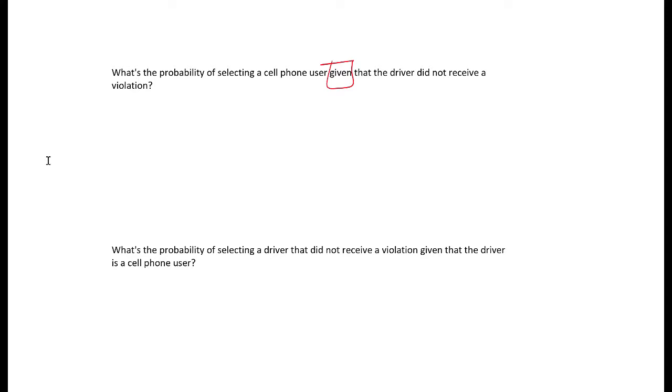I'm going to let cell phone user be event A, and no violation, did not receive a violation, be event B. So we are asked to calculate the probability of A, that somebody is a cell phone user, given that they did not receive a speeding violation.